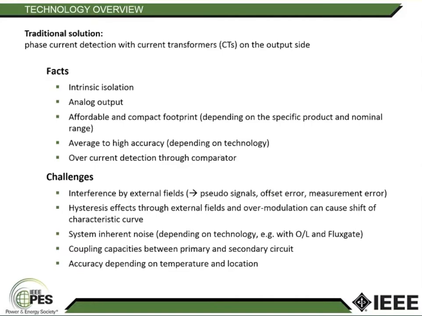System inherent noise depending on the technology, especially with open loop and flux gate sensing modules. Coupling capacities between primary and secondary circuit, and accuracy depending on the temperature that the module sees and the location where it is installed. If it is somewhere where strong magnetic fields, for example, can occur.